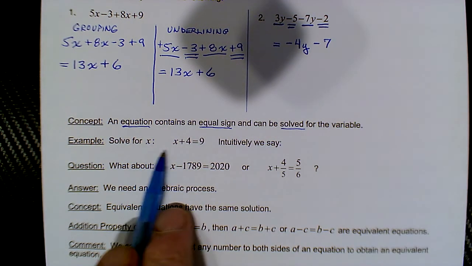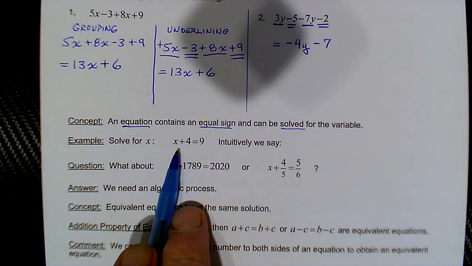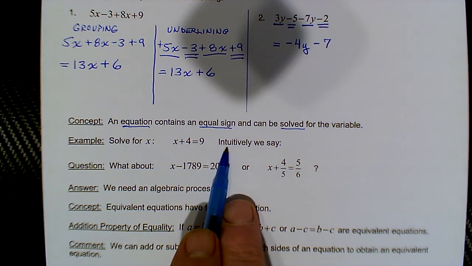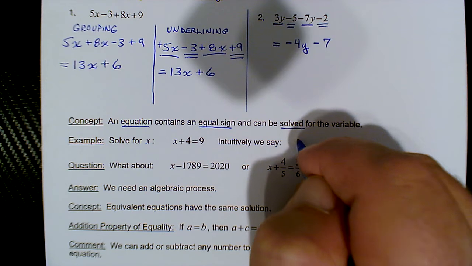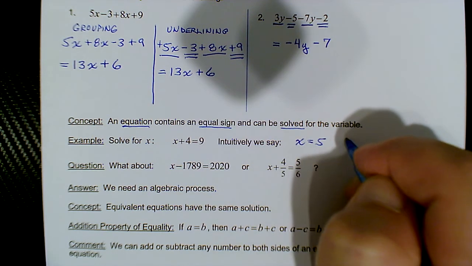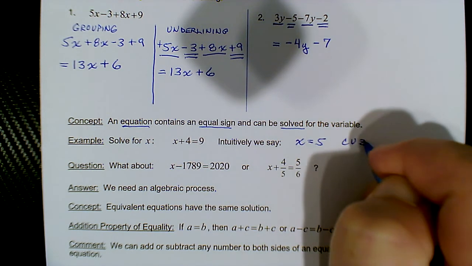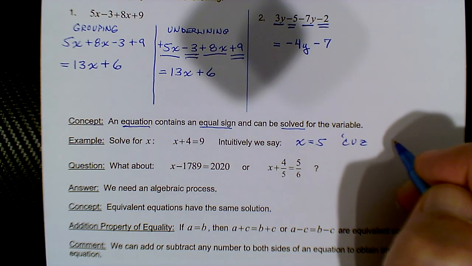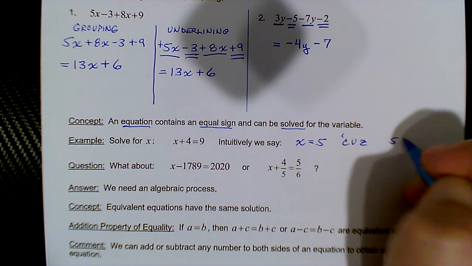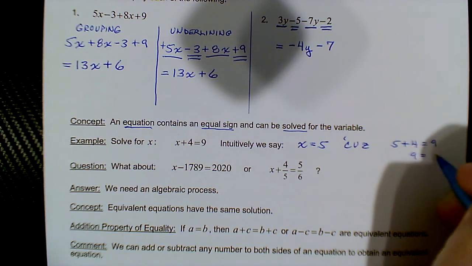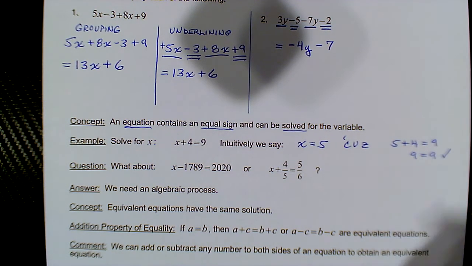Solve for x in this equation, x plus 4 equals 9. And so, intuitively, hopefully everybody would agree, we say x equals 5. And that would be because, if we plug a 5 in for x, we get 5 plus 4 is 9, and 9 equals 9, which is a true statement, and that checks.